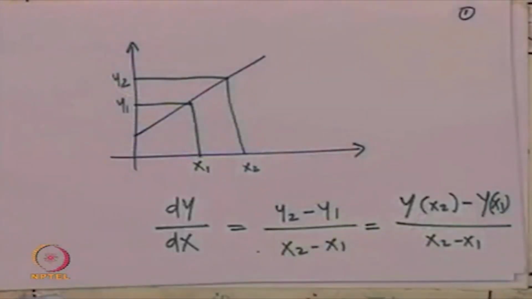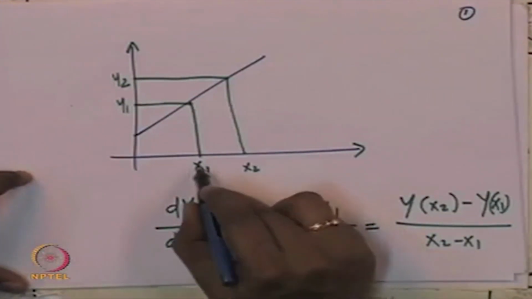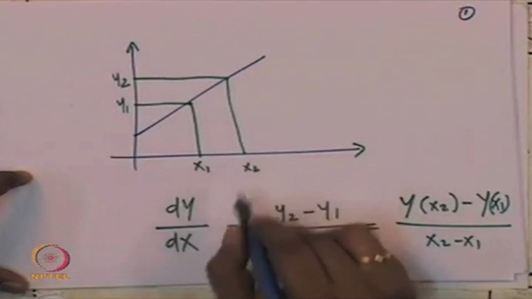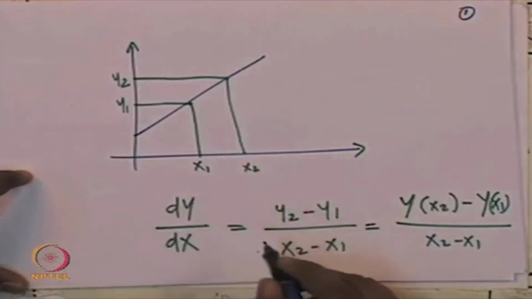One of the important rules while doing derivatives that you should remember is that if you look at this quantity x2 minus x1, the smaller it is, the closer x1 and x2, the better this definition of derivative.